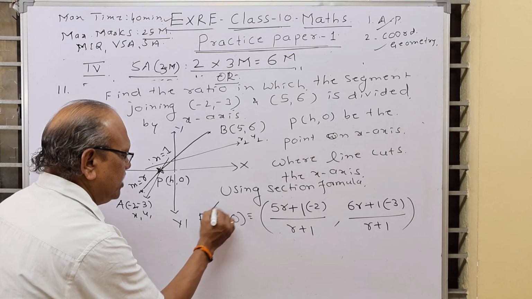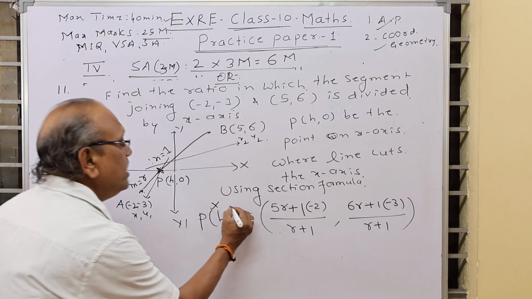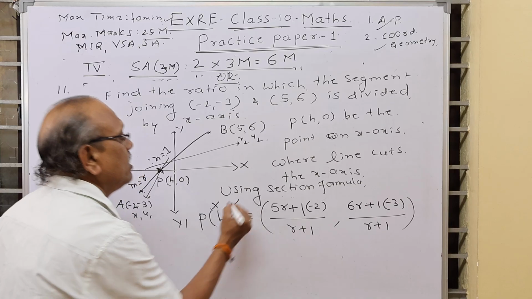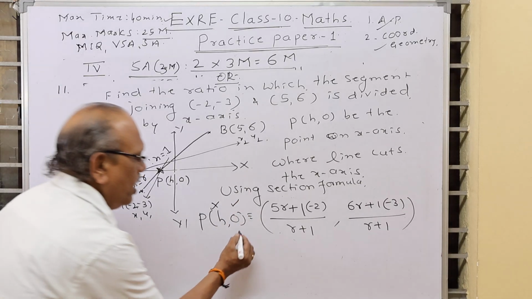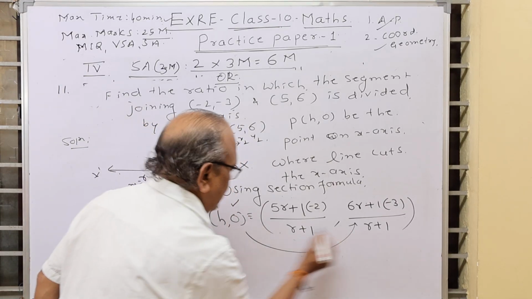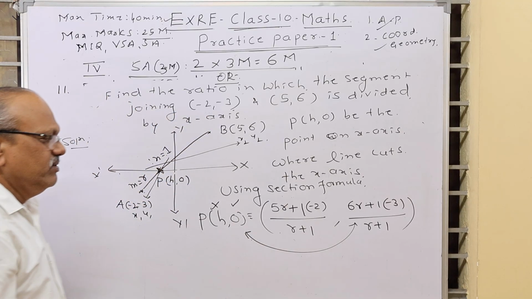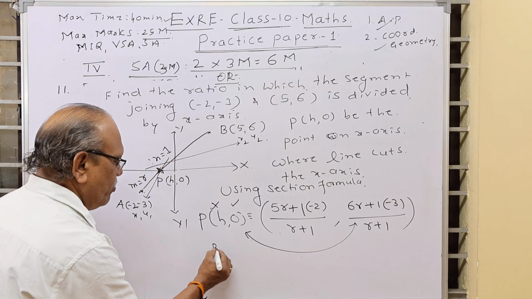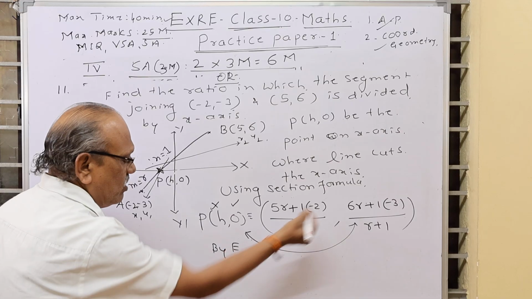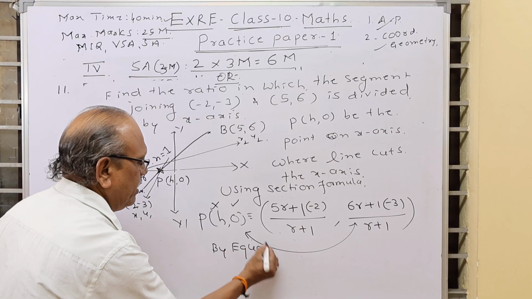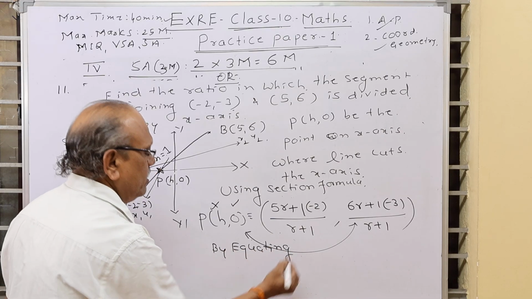Now, in this case, h we don't know. But the y coordinate of this particular point is definite. Therefore, by equating the second element of the ordered pair, you can solve for r.